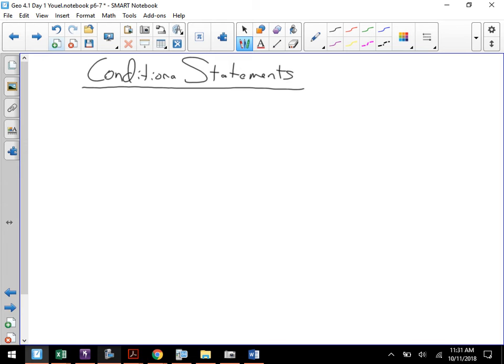Conditional statements were taking any generic statement and turning it into an if-then. Right? So we go back to the idea of, correct, but I'm trying to think of a way to start from a statement to get into the if-then.